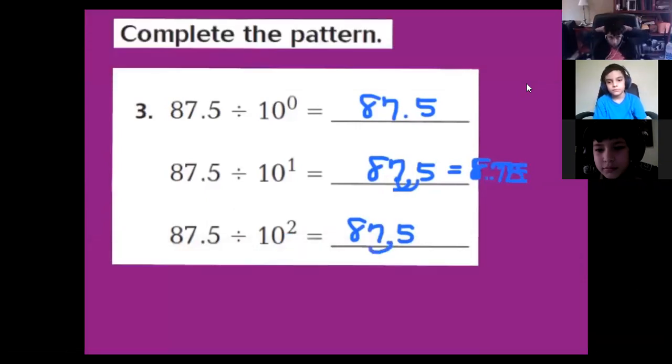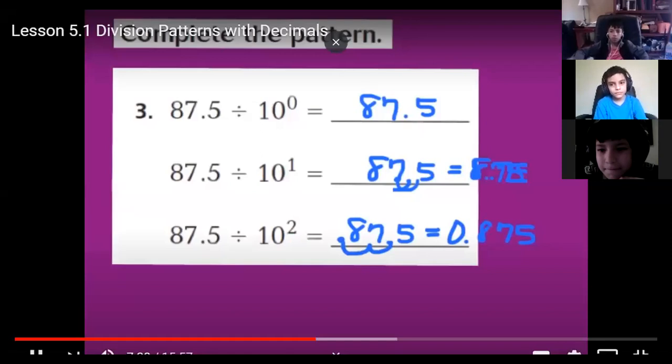So here's once, twice, and my decimal now ends up in front of the 8. So what that means is my answer turns out to be 875 thousandths. Because once again, as you divide by increasing powers of 10, the decimal point moves one place to the left for each increasing power of 10.